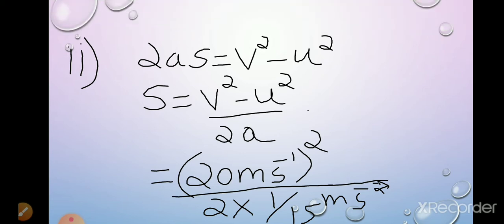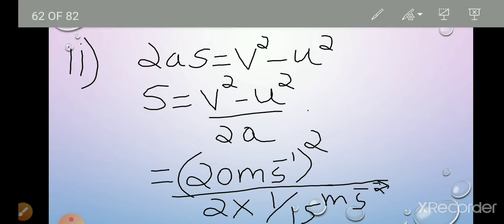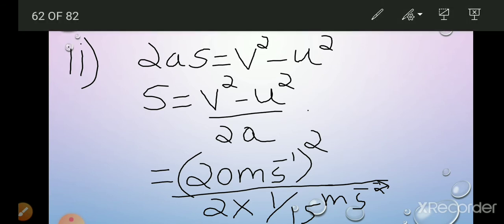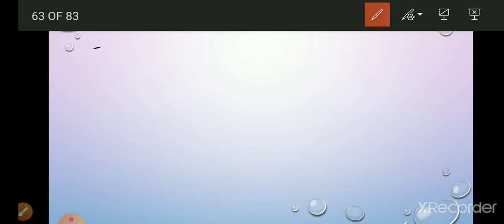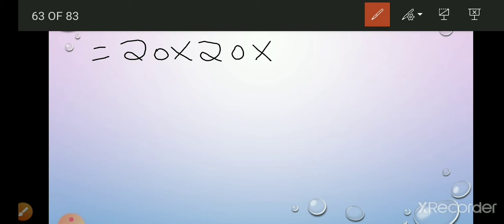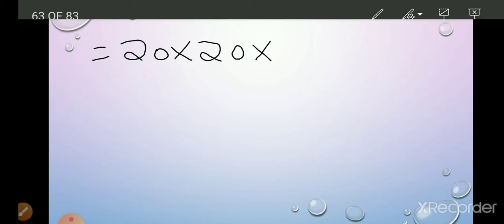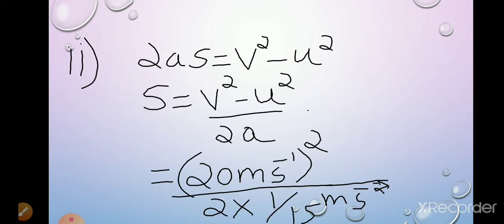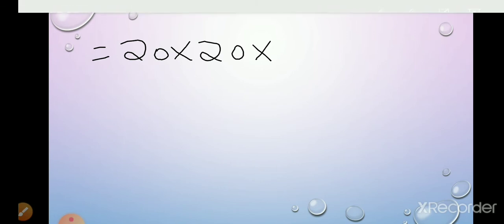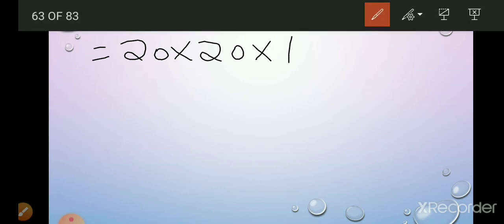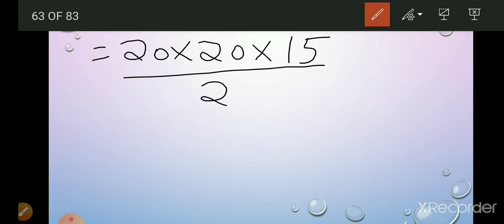So what happens here? 20 square is there. So what is 20 square? 20 into 20. Let us solve. 20 square, I will write it as 20 into 20, and in the denominator there was 1 by 15. This 15 I will take up, so it goes to the numerator, divided by 2 which remains.